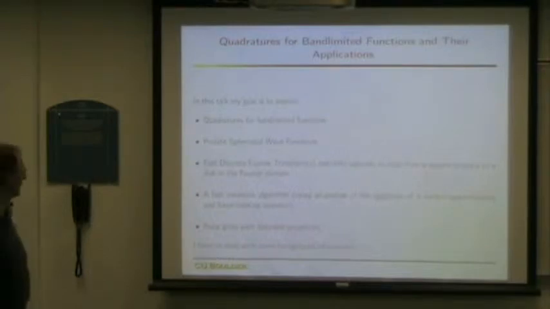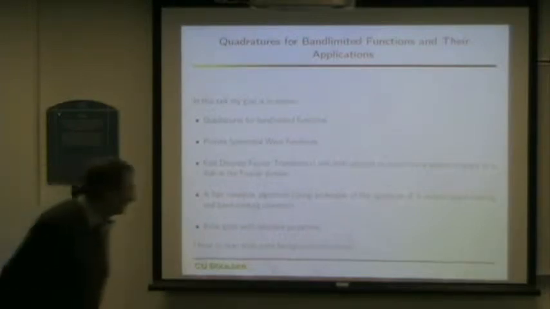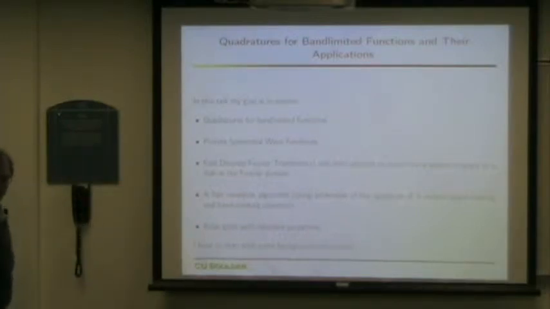Okay, so I would like to explain all these things, but what I find is most people don't know much about these things. So as I go on, I will be asking you whether you understand, and then I can expand a little bit. I don't know whether we have things to write with, but I'll try to explain it anyway. So I'll start with quadratures. Then I will explain what the prolate spheroidal wave functions are and their role.